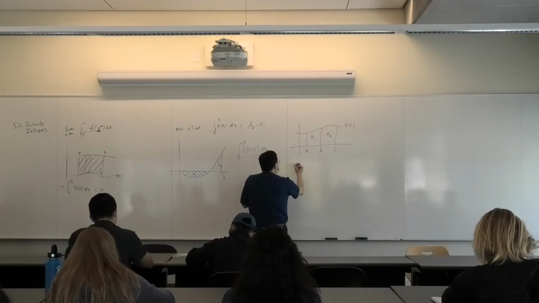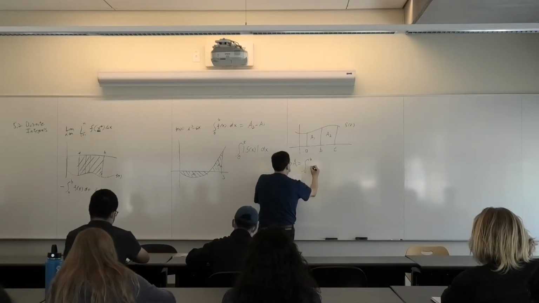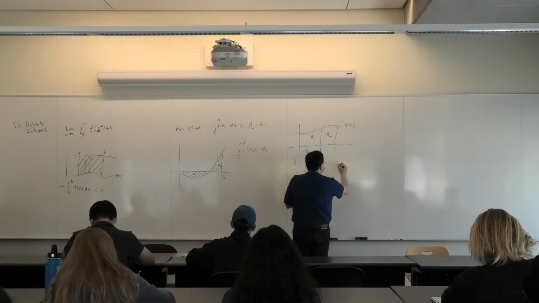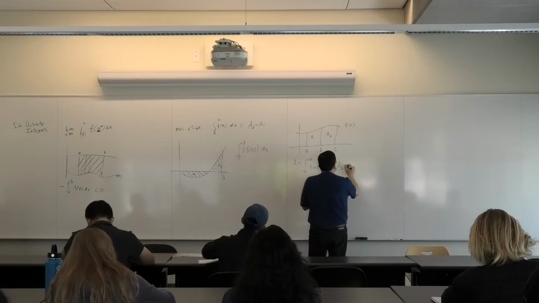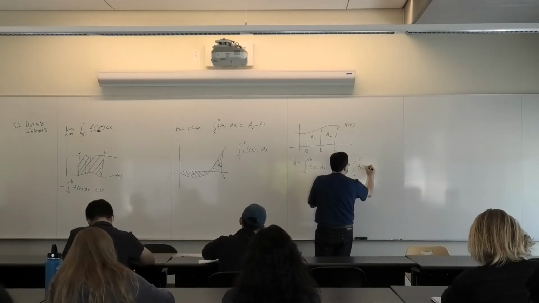So let me write that out. Area 1 is this integral from A to B of f of x dx. And area 2 is the integral from B to C of f of x dx.